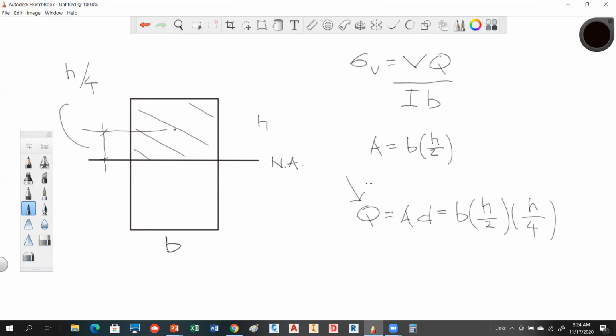This guy's the hardest guy to deal with. Can anybody tell me what the unit of this would be? What's the unit of area? Something squared, right?